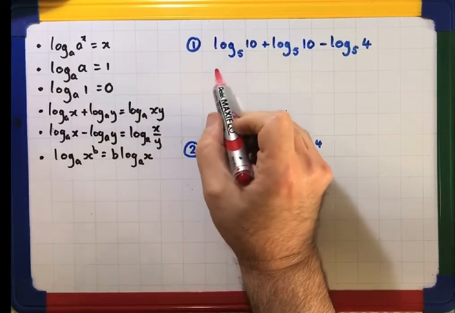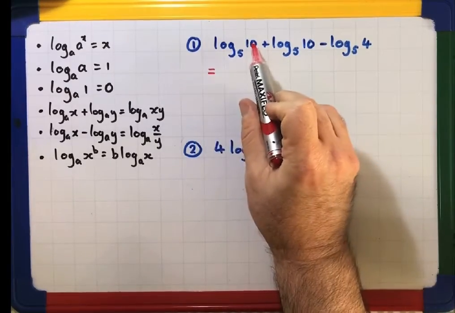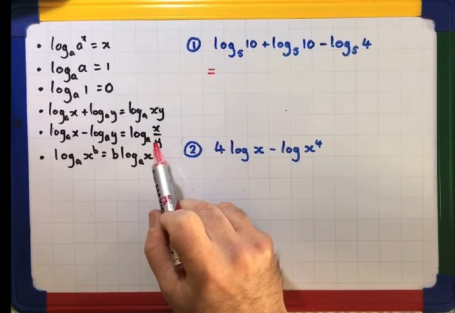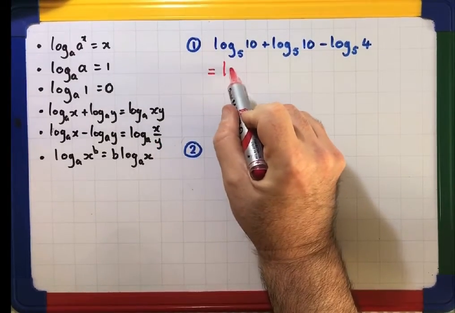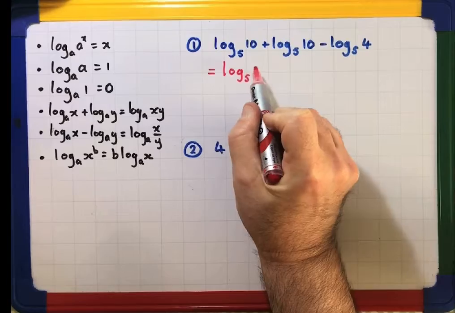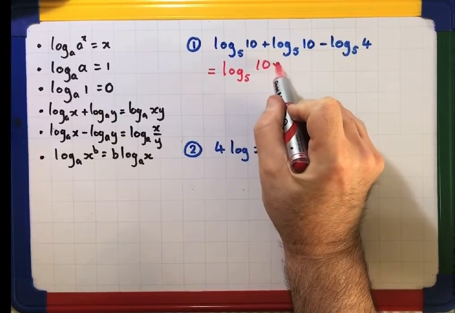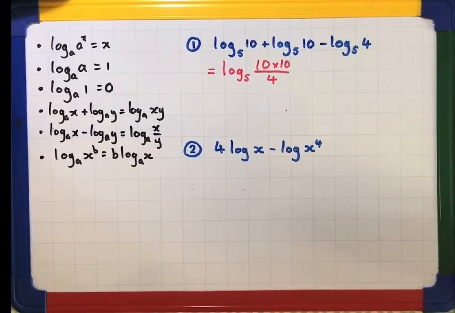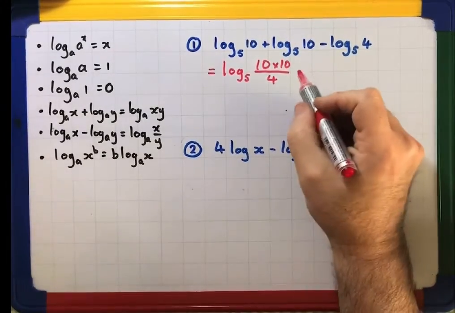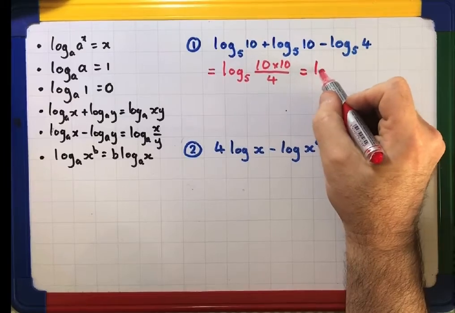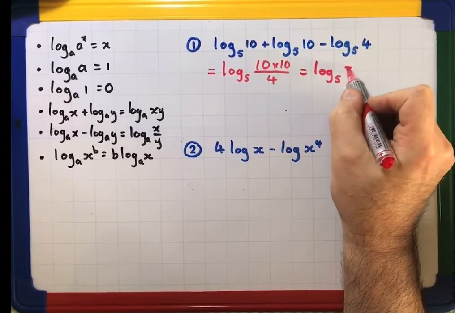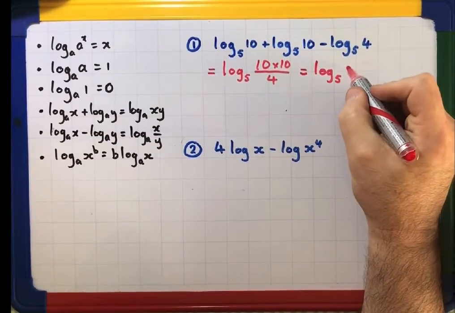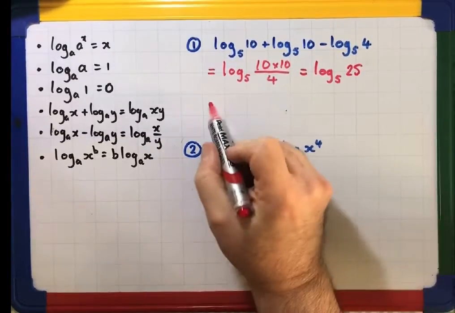So if I look at this first one here, remember when we add, we multiply, and when we subtract, we divide. So that's really log to the base 5 of 10 times 10 over 4, which is log to the base 5 of 100 divided by 4, which is 25, isn't it?